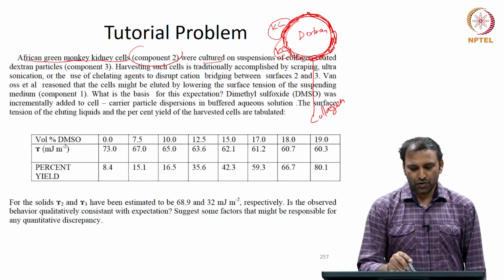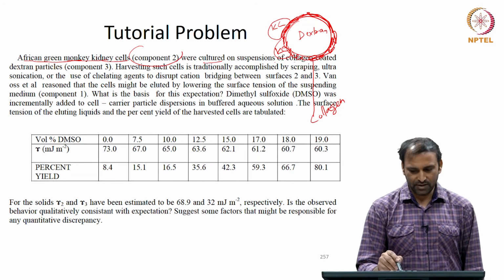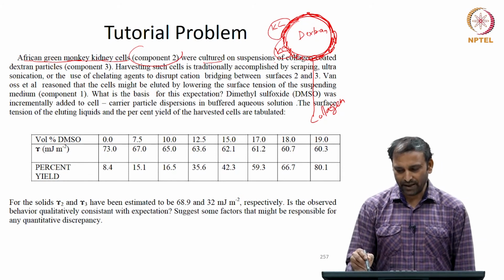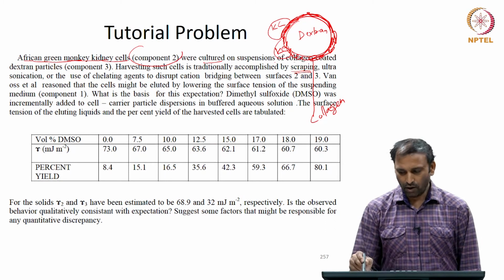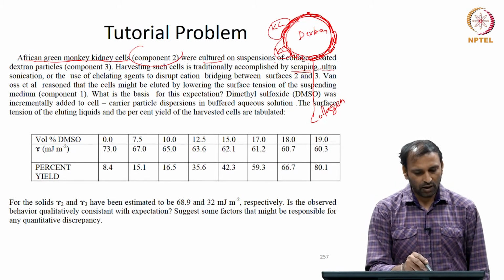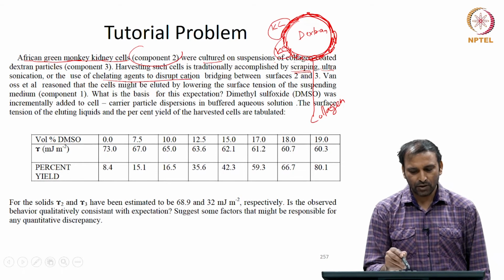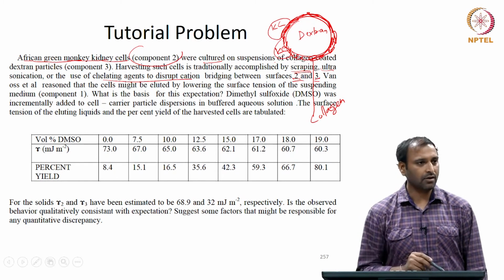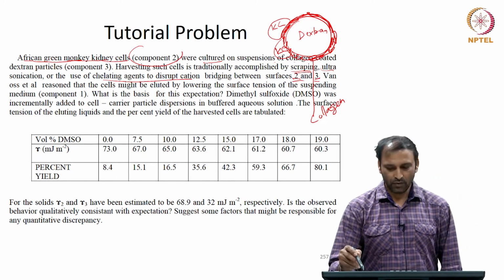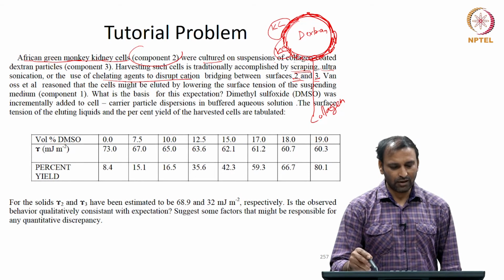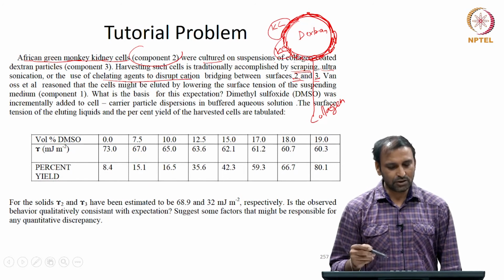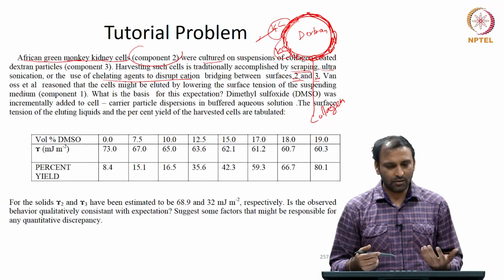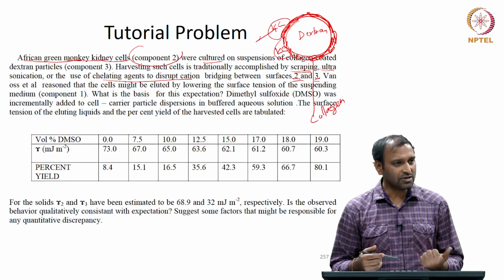So harvesting such cells is traditionally accomplished by scraping or ultrasonication or the use of chelating agents to disrupt cation bonding between surfaces 2 and 3. So that means if I have a dextrin particle which is coated with collagen, and if you culture such cells on the surface, and you want to take the cells off after you have cultured them, I should somehow get them off from the surface, right.